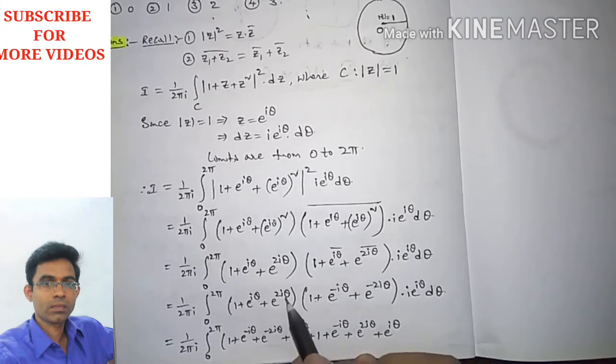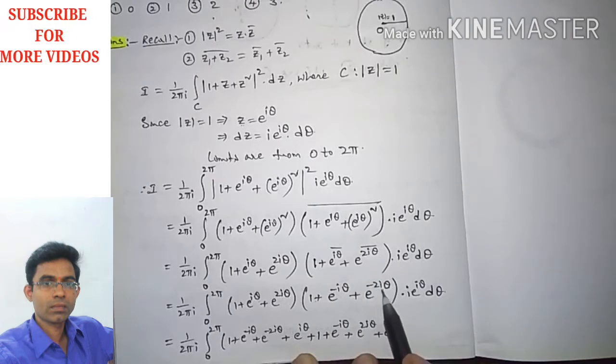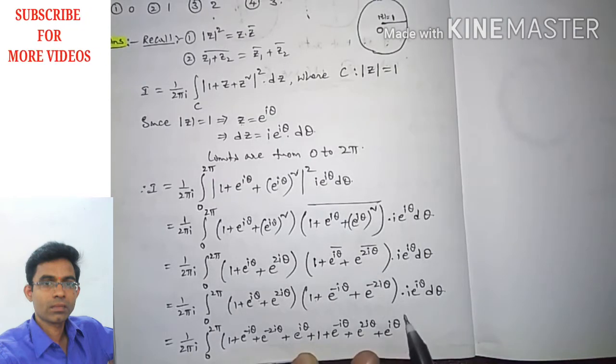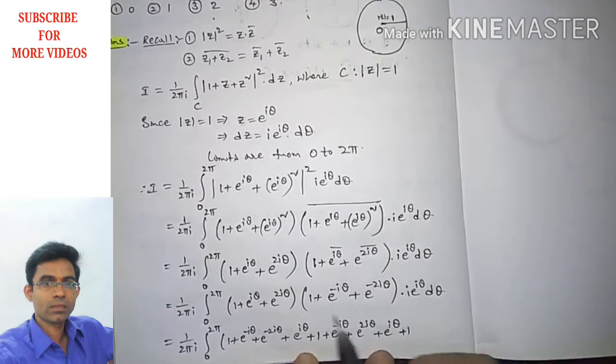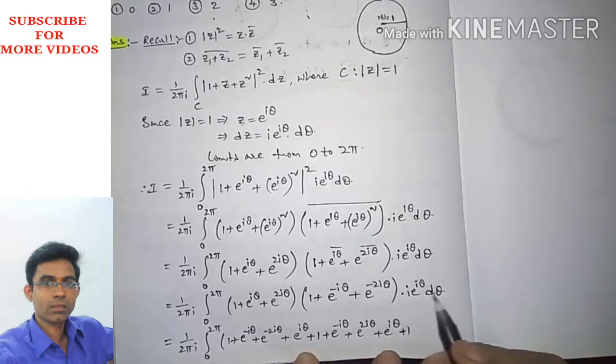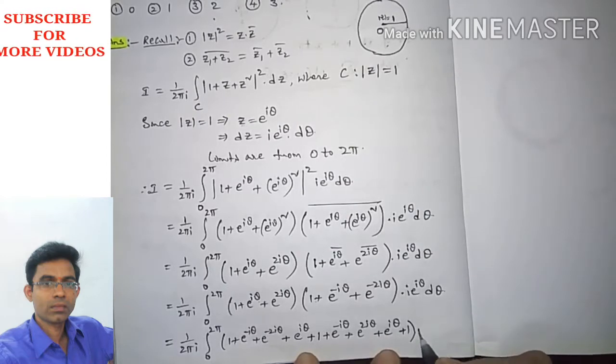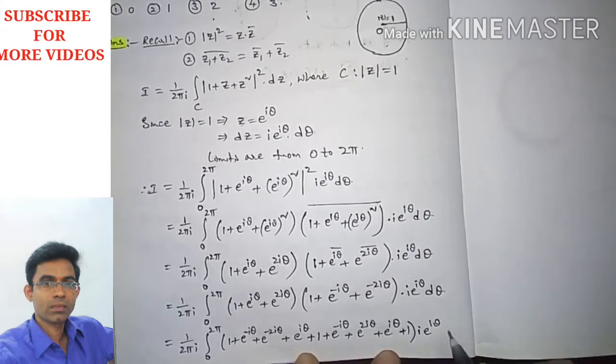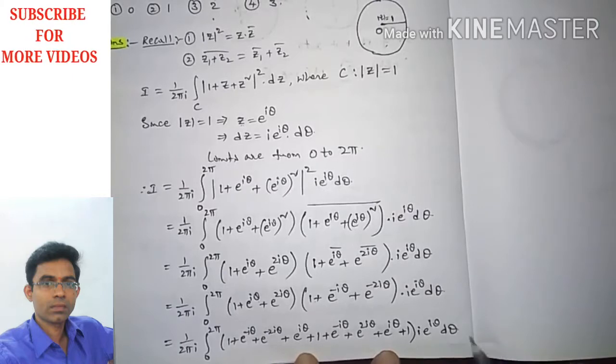Now multiplying e^{2iθ} into e^{-2iθ}, this value is again equal to 1, because 2iθ minus 2iθ means e^0 equals 1, into i e^{iθ} dθ.